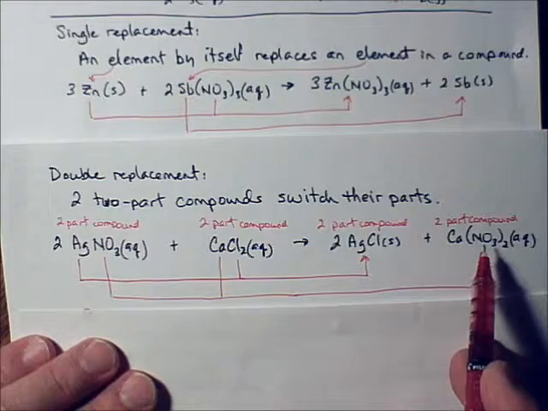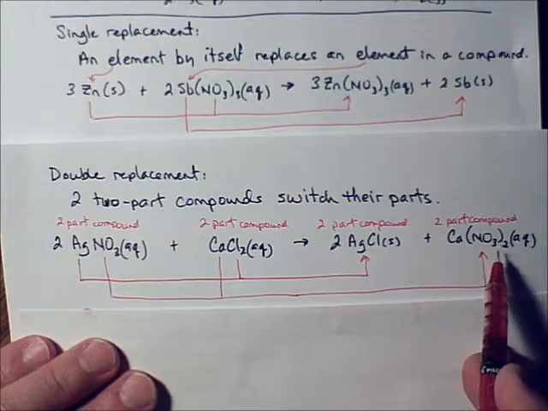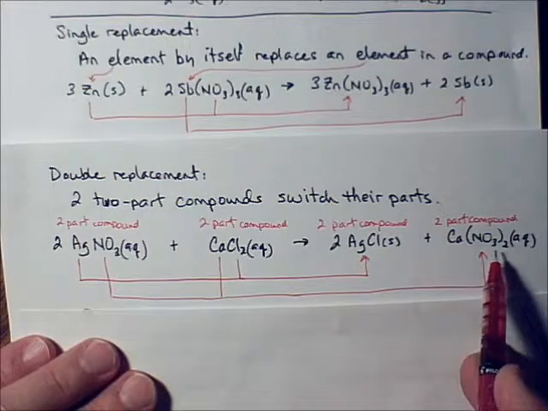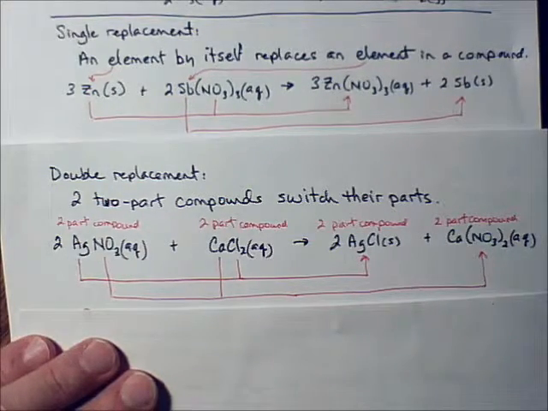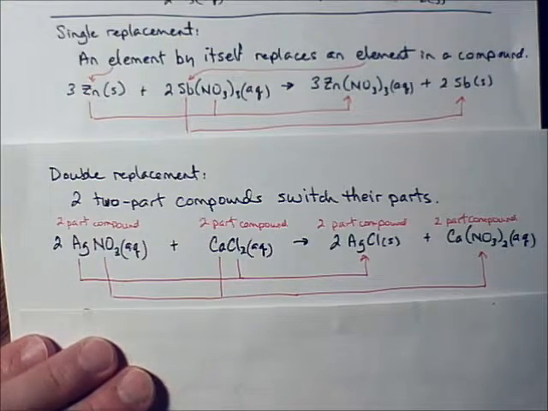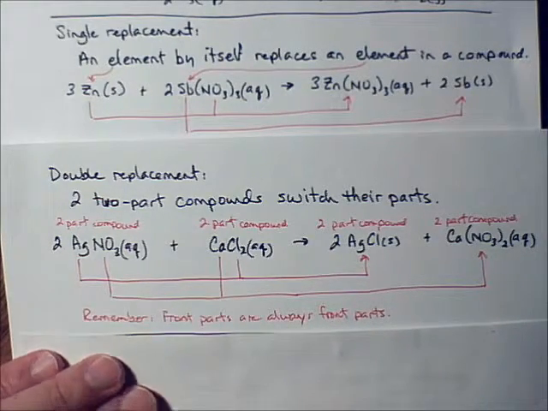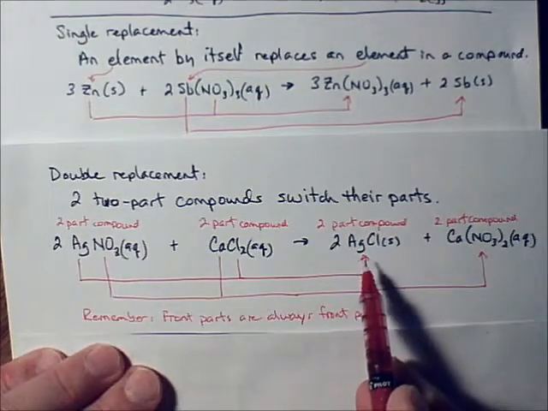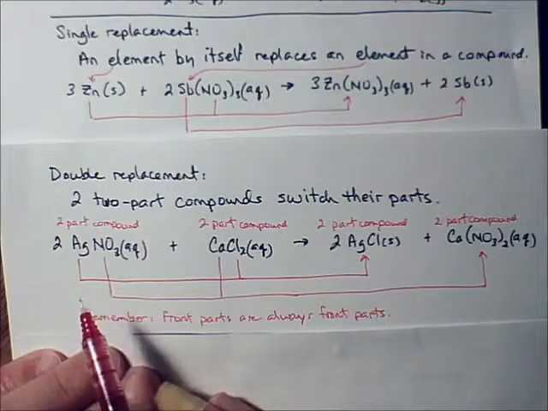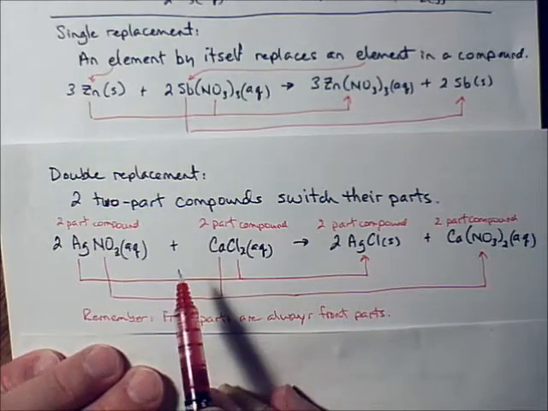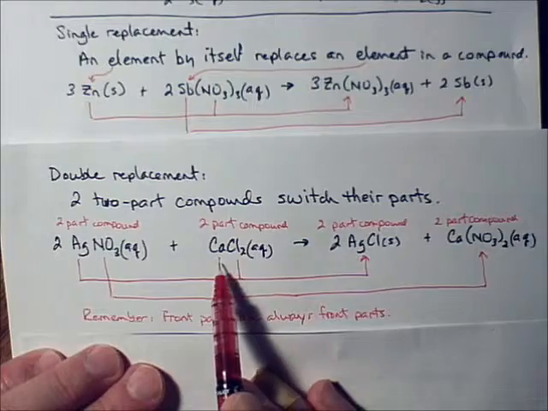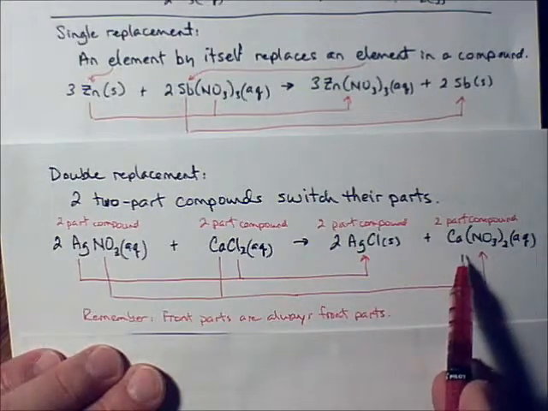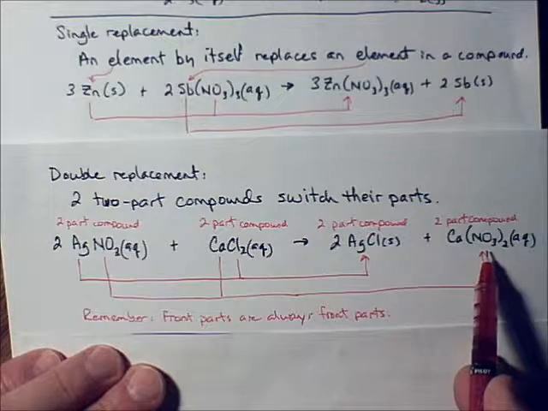Calcium has a 2 plus charge, nitrate has a 1 negative charge, so I need two nitrates to give me a balanced or a neutrally charged compound. Okay? Remember, front parts are always front parts. So silver always remains in the front because it's a front part. The positive ion always goes before the negative ion. Calcium is a front part, so it goes in front of the nitrate. Positive parts are always in front of negative parts.